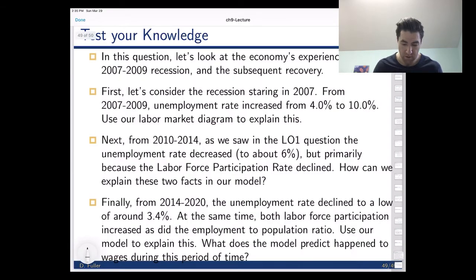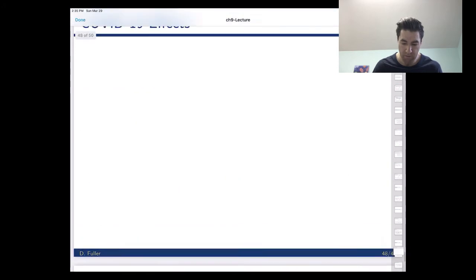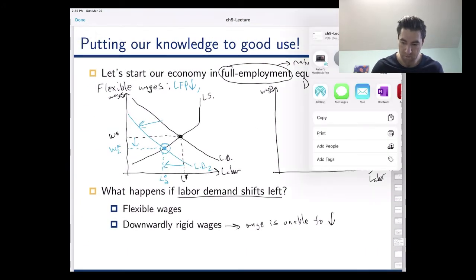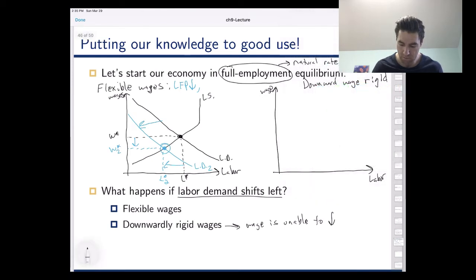So we're going to draw our labor market here. Labor supply, labor demand. We'll start at the same point, the same W star.